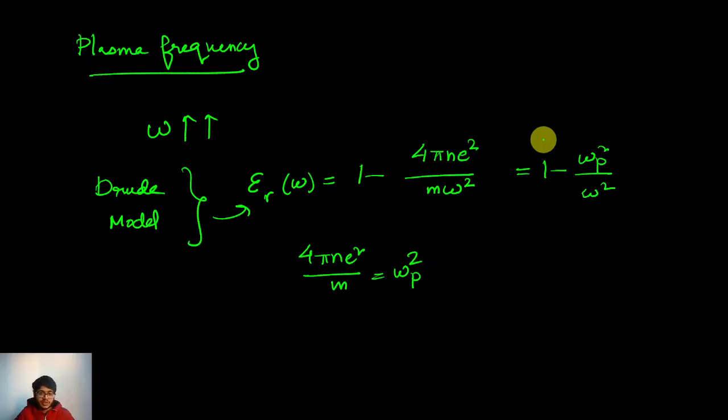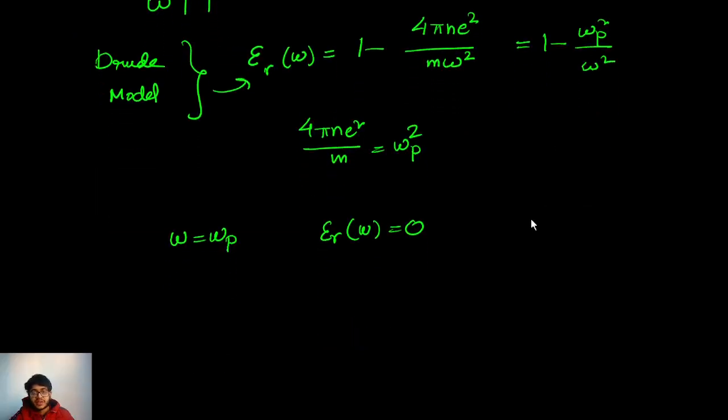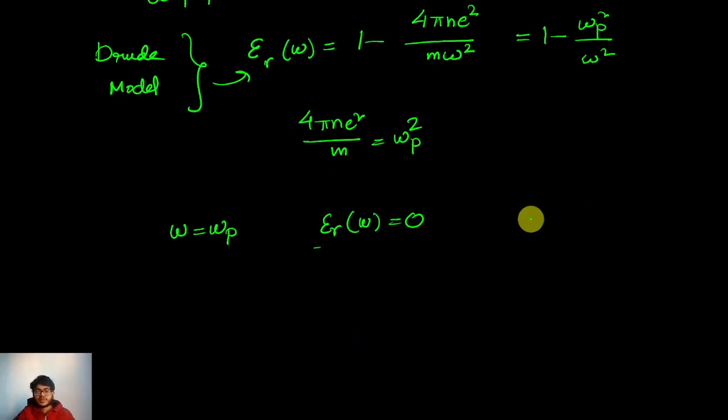If omega is equal to omega p, this dielectric function becomes 0, and it's basically like the electric field does not even do anything to the electron cloud. That is very weird. There is a resonance achieved, so the electrons slosh around with the electric field.